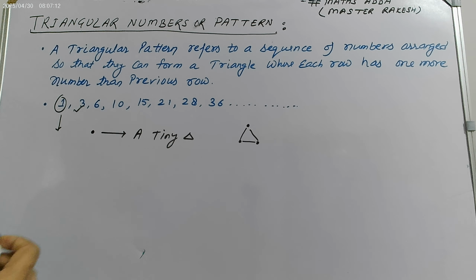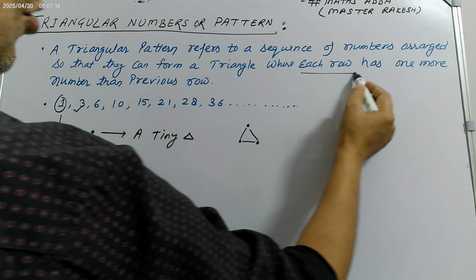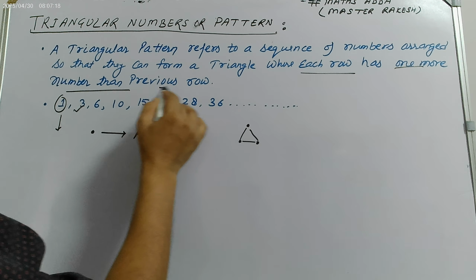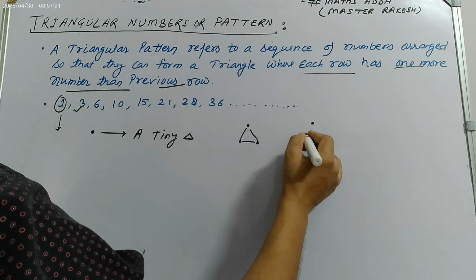If you see what it is saying, each row has one more number than the previous row. Here it was one dot, then 2 dots, then again 1 2 3. So 3 plus 2, 5 plus 1. This is 1 plus 2 plus 3, total 6. So these are the 6 dots.